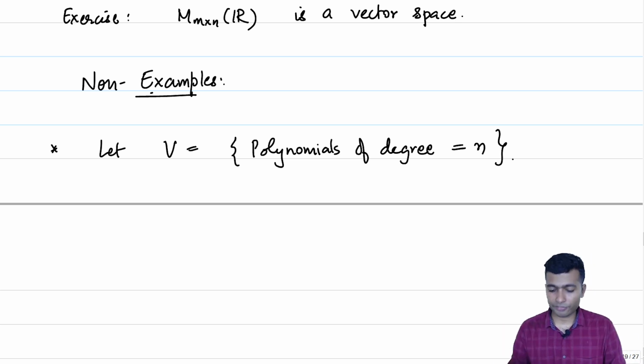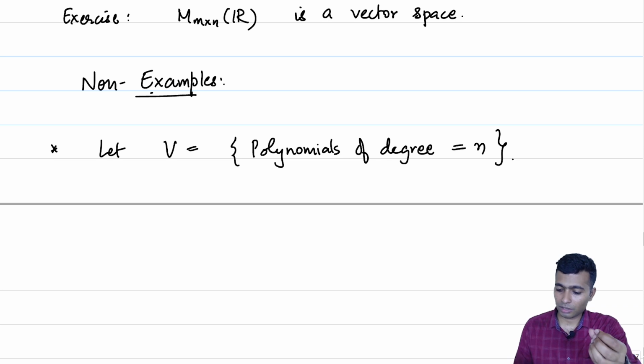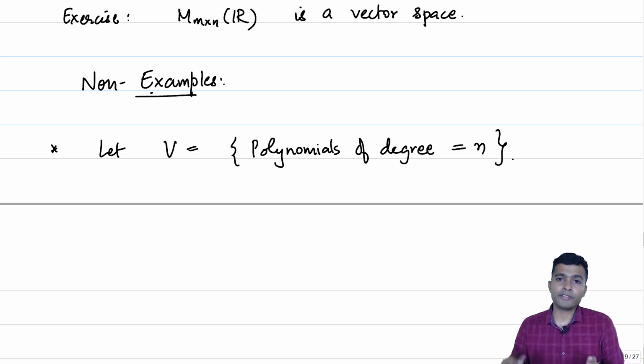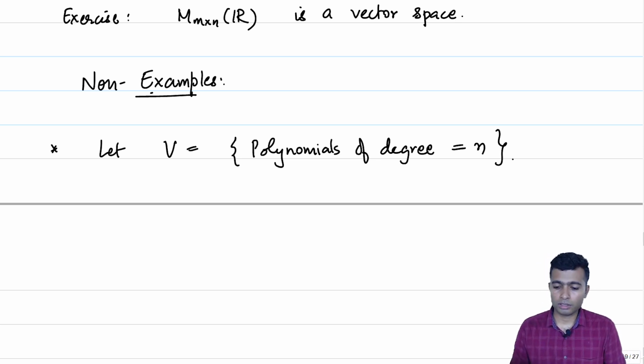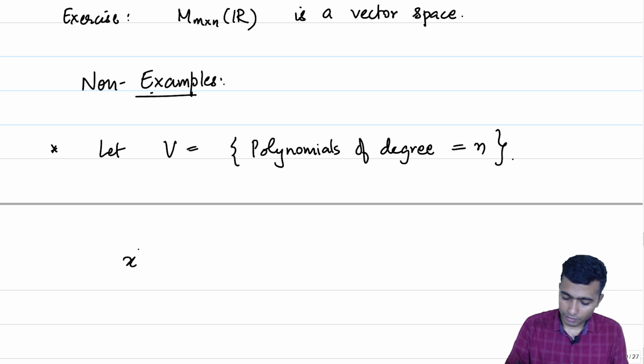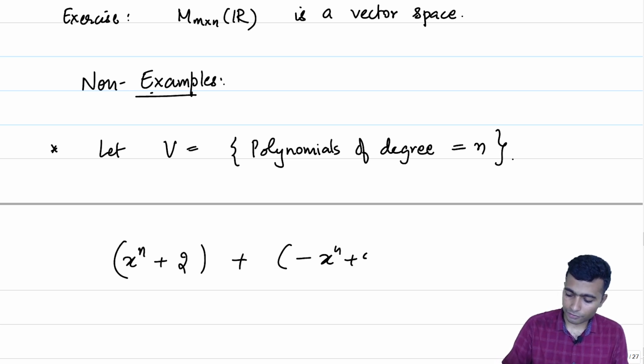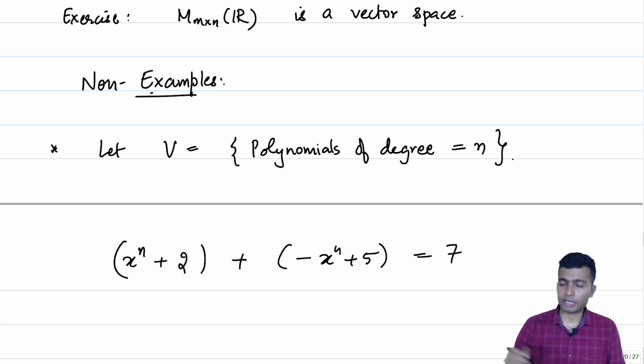In fact, even before we enter into properties, notice that V is not closed under addition, for example. If you take a polynomial, say x to the power n plus 2, and if you add it to minus x to the power n plus 5, what we end up is 7, right?